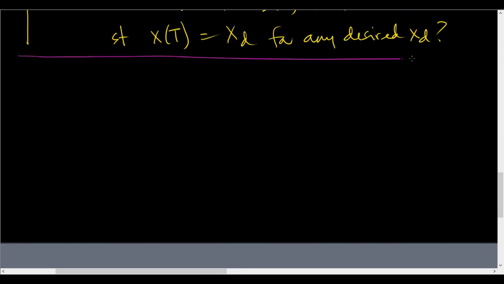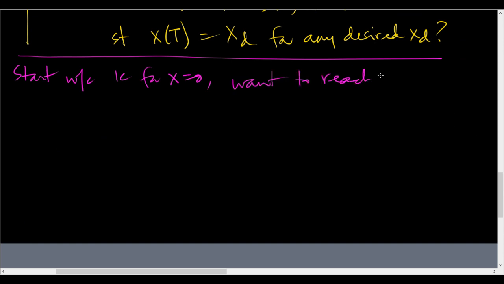So we start from 0. Okay, so start with initial condition for x equal to 0, want to reach xd at time t. Okay, here is our equation. x dot is equal to ax plus bu.